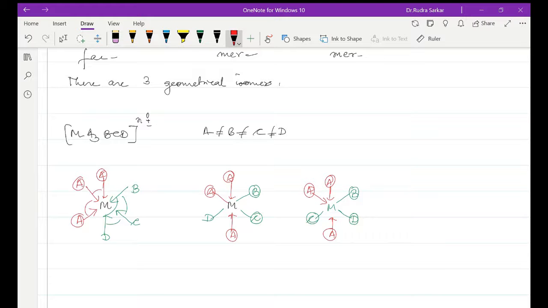Now, in one of the arrangements, we had B and D trans or 180 to each other, and in another, B and C 180 to each other. What is left? D and C are to be 180 to each other.